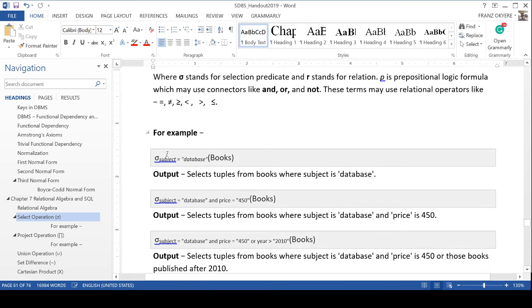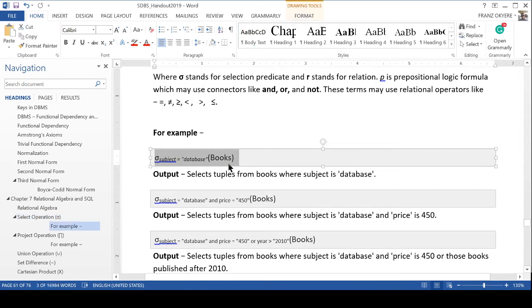All right, so we have an example here. If what I'm saying doesn't make sense, let's look at it. We have a relation called books, and we want to do a certain selection. This is the predicate.